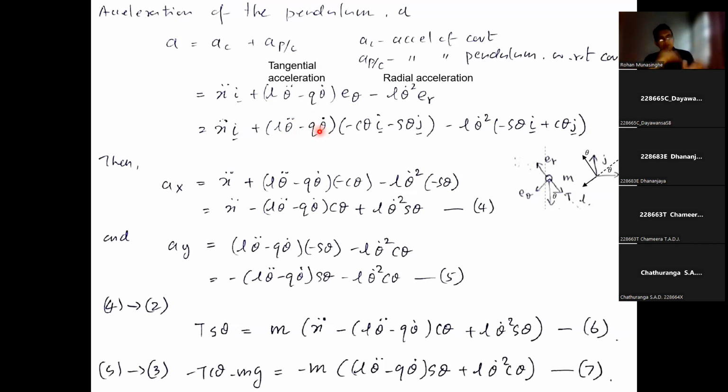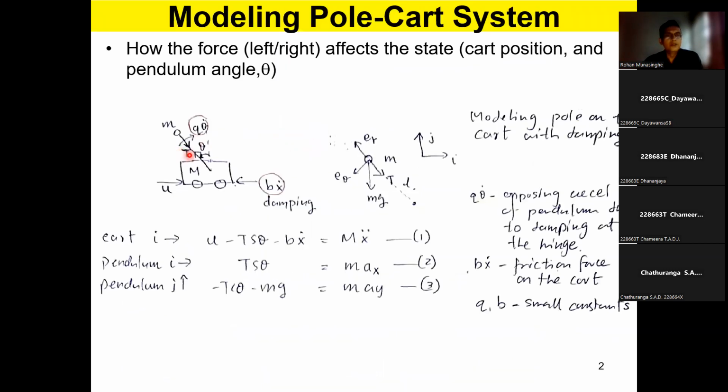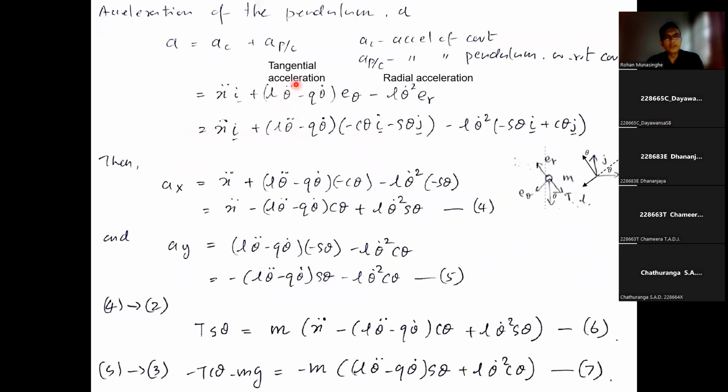That will resist the angular motion. Okay, you can see it over here. When the pendulum is moving like that with angular acceleration theta double dot, you get L times theta double dot linear acceleration here, and you get rid of Q times theta dot because of the friction. You write it like that. And this E theta tells you the direction. It's at an angle.